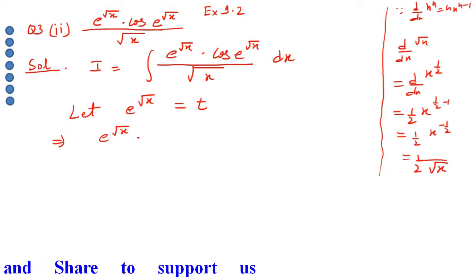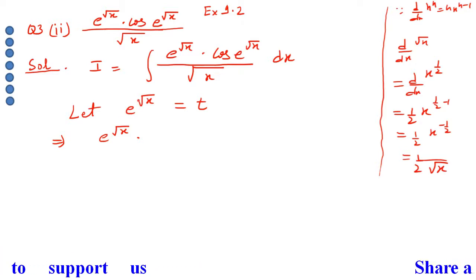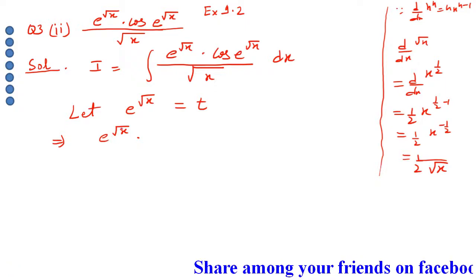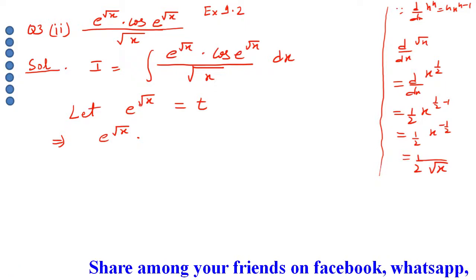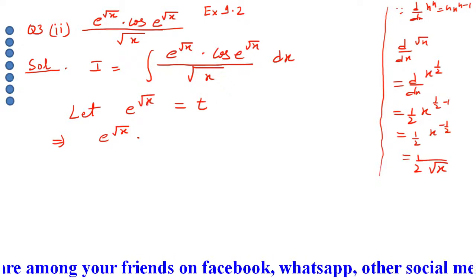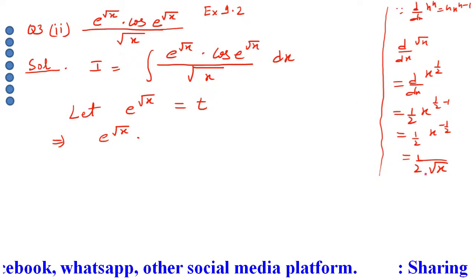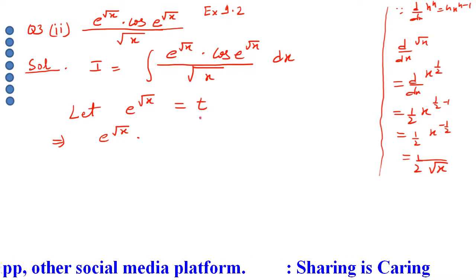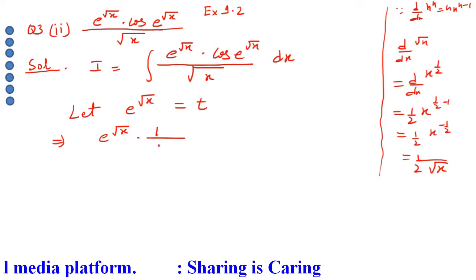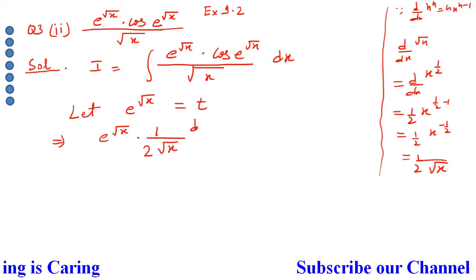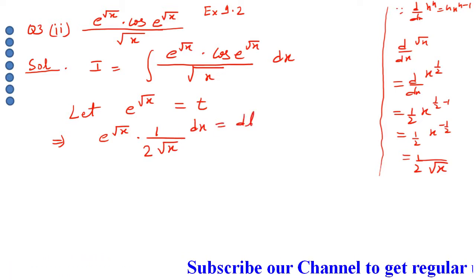Now here, first I differentiated e to the power square root of x. The differentiation of e to the power x is the same, but when we apply the chain rule, we have to differentiate the square root of x, and the answer is 1 upon 2 square root of x. So I am going to write here 1 upon 2 square root of x, then dx is equal to dt.